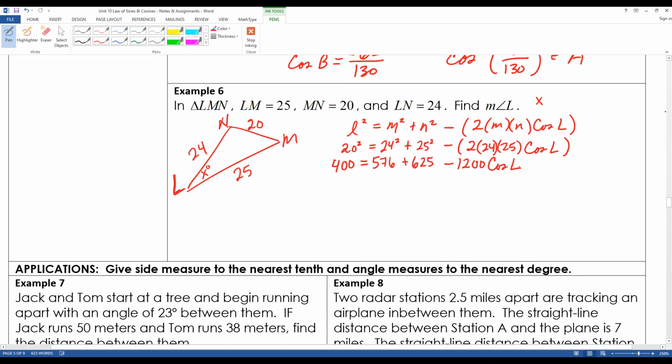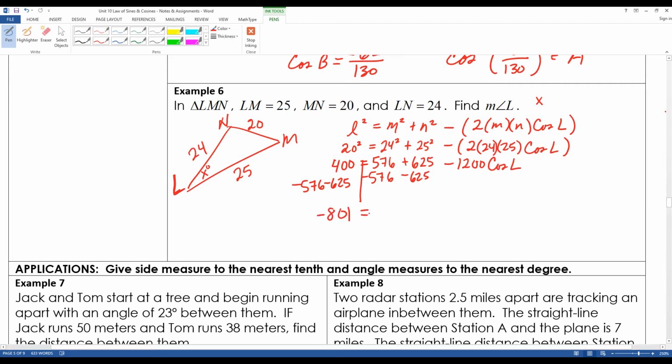So that 1200 cosine L we want by itself. So let's subtract the 576 and the 625 and see what we have left. 400 minus 576 minus 625 equals negative 801.